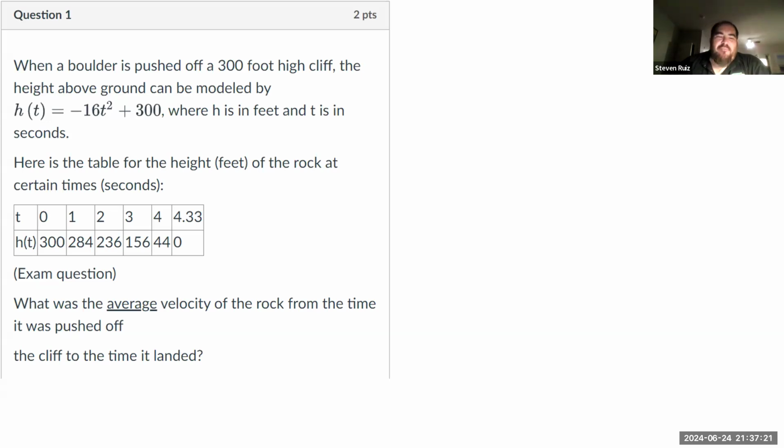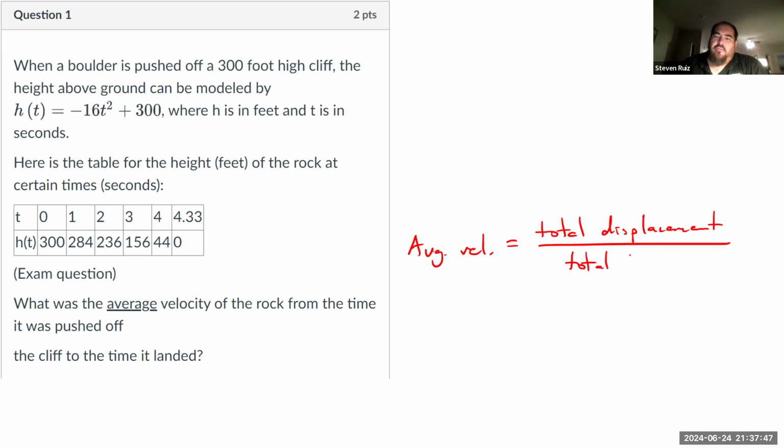Basically, that is mathematically no different from taking a slope calculation. So I really just want to know the total distance covered. The average velocity is going to come from total displacement over total time.